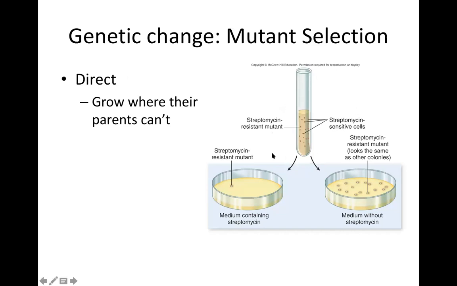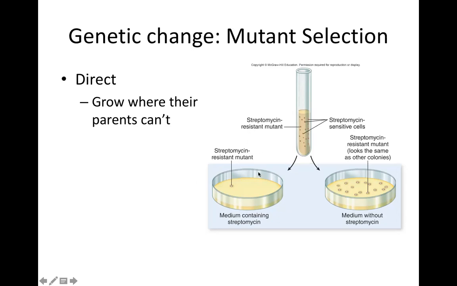So in this case right here, think of it like TSB, a media or broth that can grow anything. Inside of that media or broth, you have streptomycin resistant cells, which are the mutants. You have streptomycin sensitive cells, which are a wild type cell. And so what you do is you take a little bit of liquid from this culture.